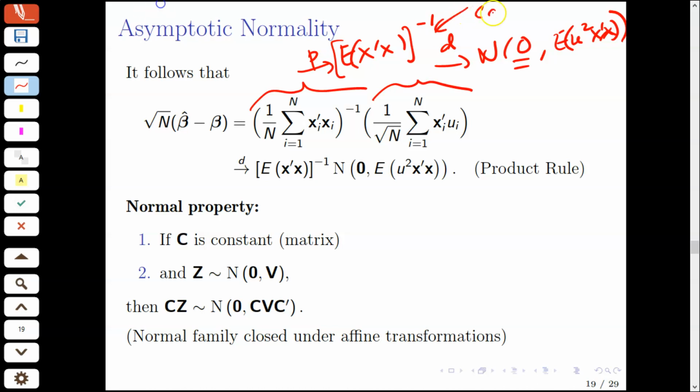This here is a constant matrix, then we can conclude that the product of the two converges in distribution. And the limit is given by this inverse expected outer product playing the role of C in the product rule, and this normally distributed random variable playing the role of Z in the product rule.